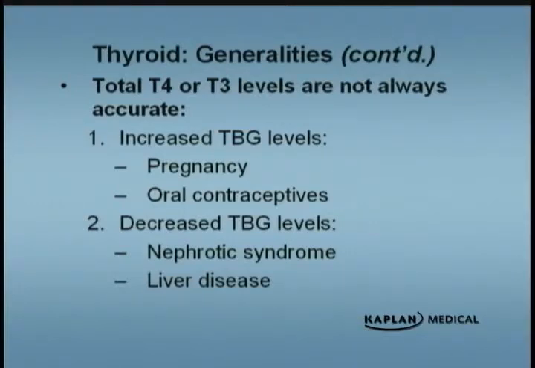So the total T4 and the total T3 are misleading. They could fluctuate with the total amount of protein in the body, so we don't want to look at that.